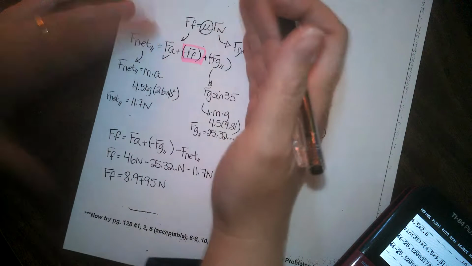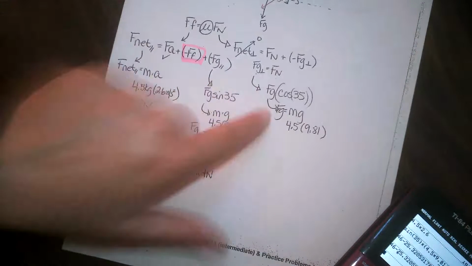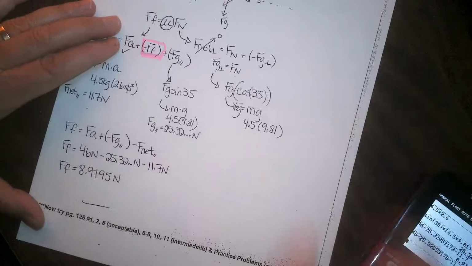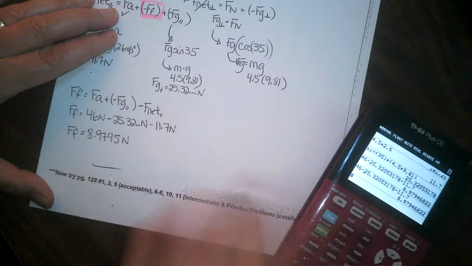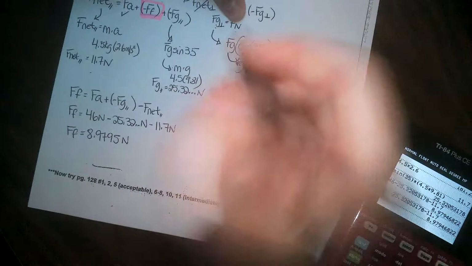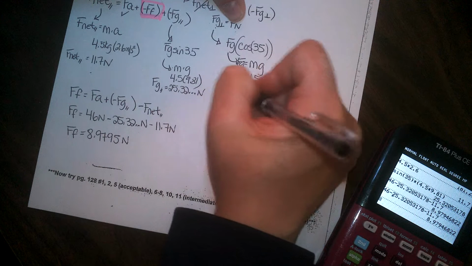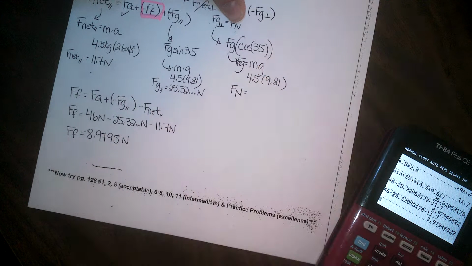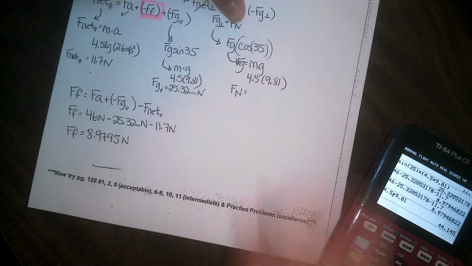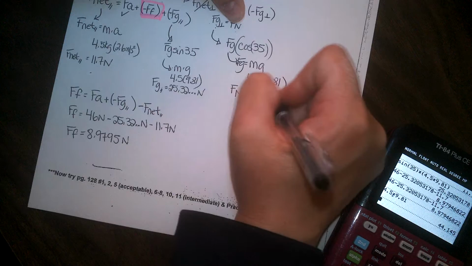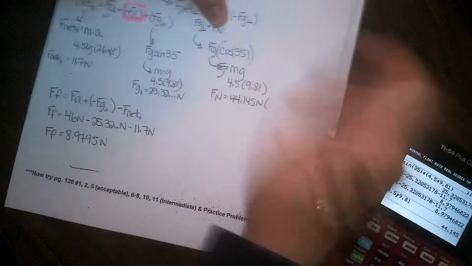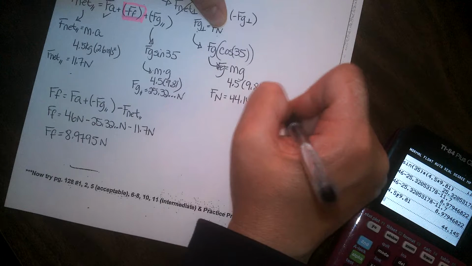So that's this part here. Now I'm going to work on this side over here, the perpendicular side. And I'm going to go force normal is equal to 44.145 divided by the cos of 35.